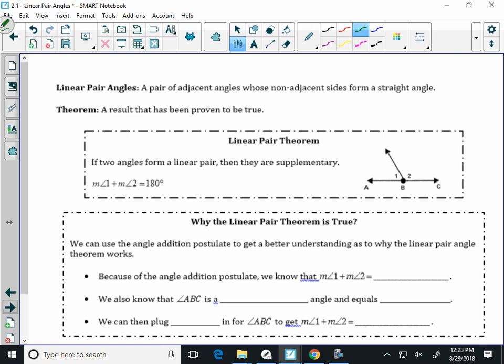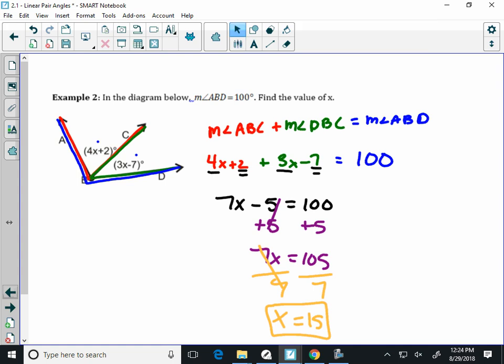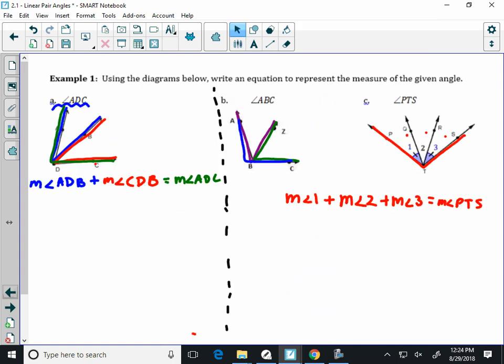So look at this diagram here. Angle 1 is right next to angle 2. They're adjacent. They share that middle side. But if you notice, the arrows that aren't adjacent are forming a straight angle. This is also a straight line. I like to think of it as if we took one of these angles.